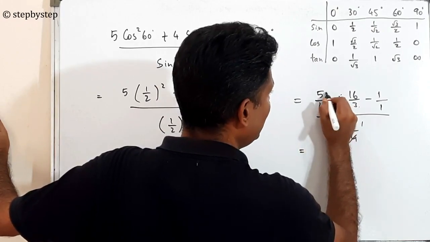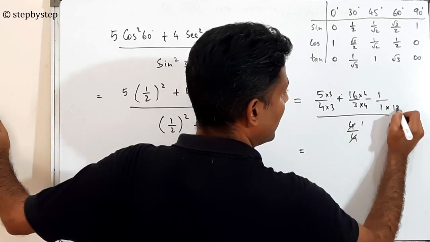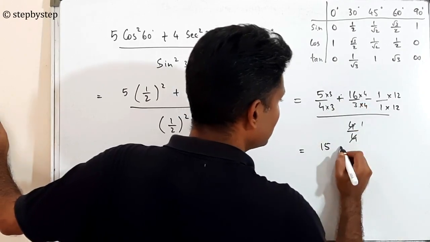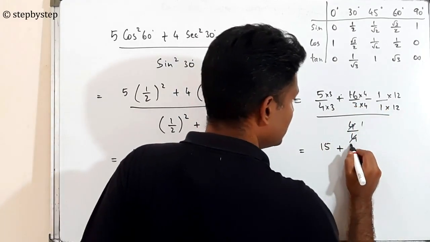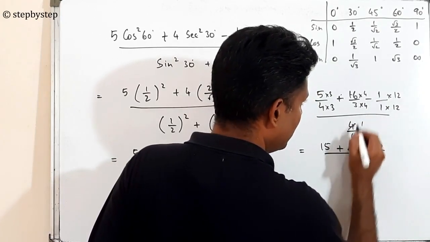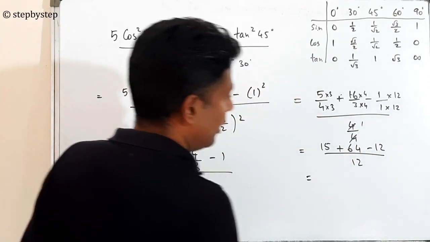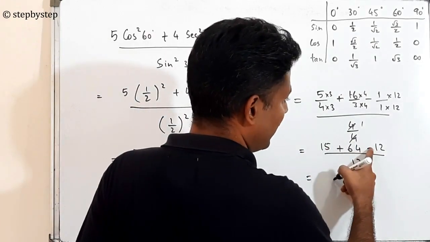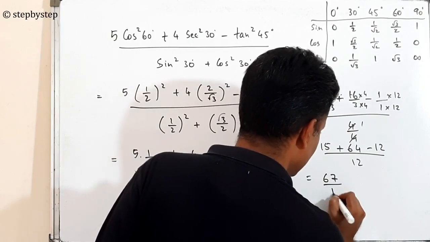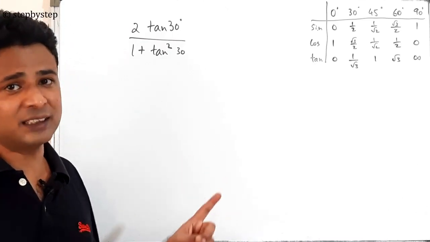So here into 3 into 3 into 4 into 4 into 12 into 12. So 5 3s are 15 plus 16 into 4, 64 minus 12 whole by 12, right? 4 3s are 12. So we get 15 minus 12 is 3, 3 plus 64 is 67. So 67 by 12.